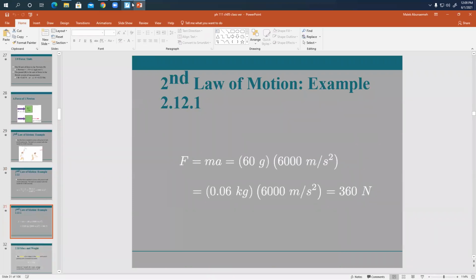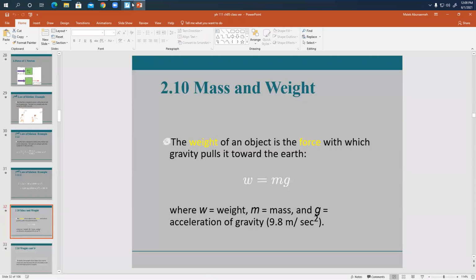Now, talking about the weight of an object, it is the force with which gravity pulls you towards the Earth. Your weight is going to equal your mass times your gravity. Your acceleration due to gravity is 9.8 meters per second squared.